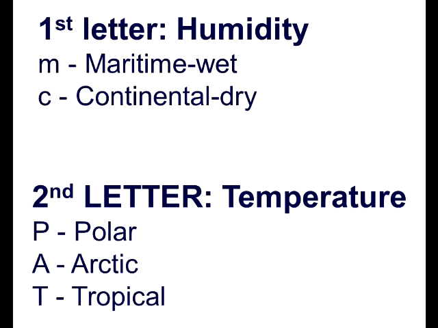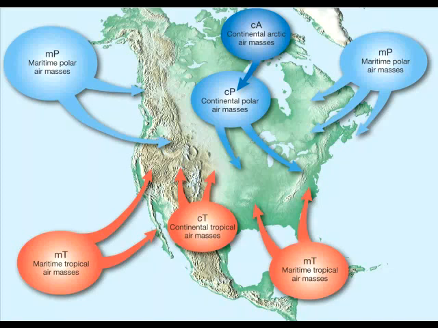P stands for cold polar air. A stands for cold Arctic air. And T stands for warm tropical air. Here you see the different combinations of letters that characterize air masses that can affect us in the United States.